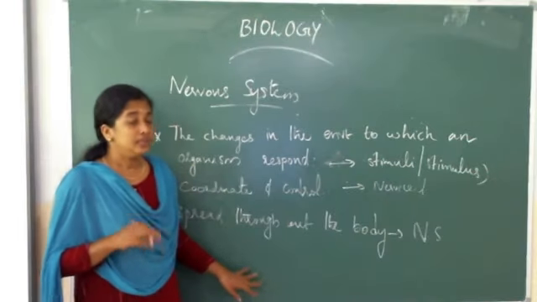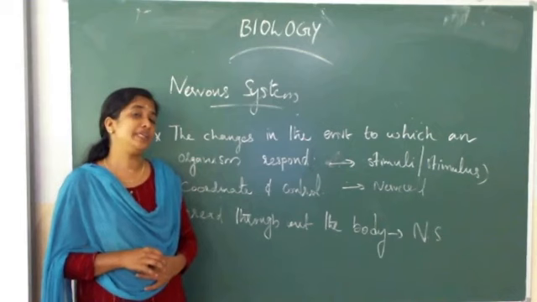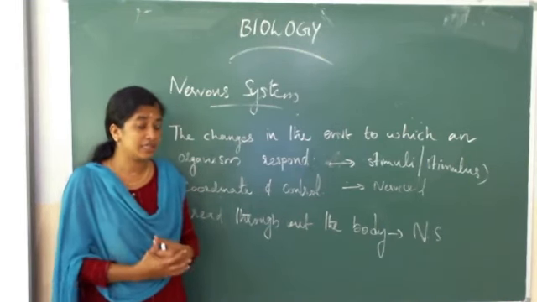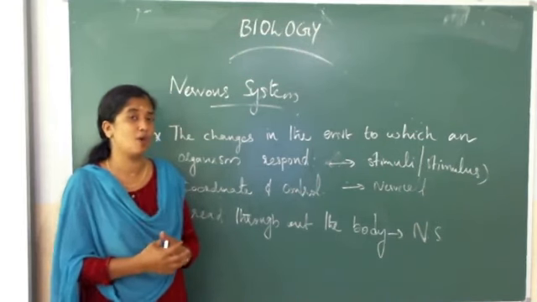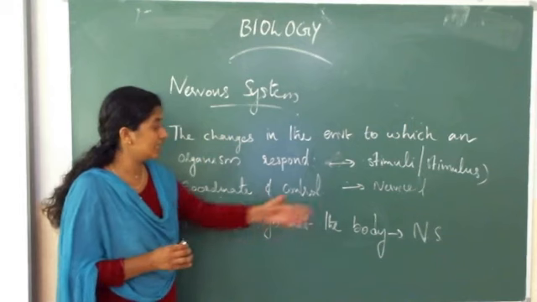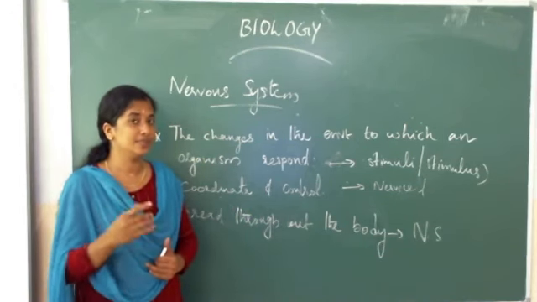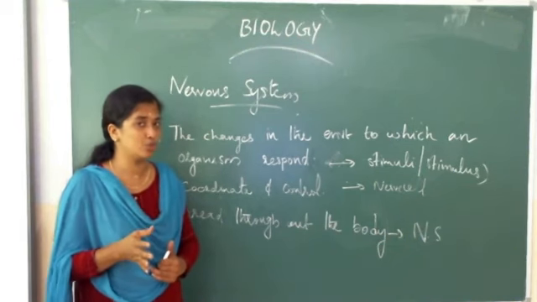In multicellular organisms including human beings, the specialized cell responsible for the control and coordination of stimulus and response is the nerve cell or neuron. I told you, nerve cell or neuron, you have already studied under nervous tissue.